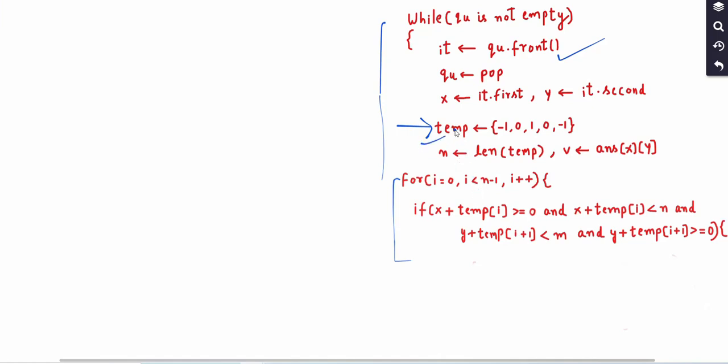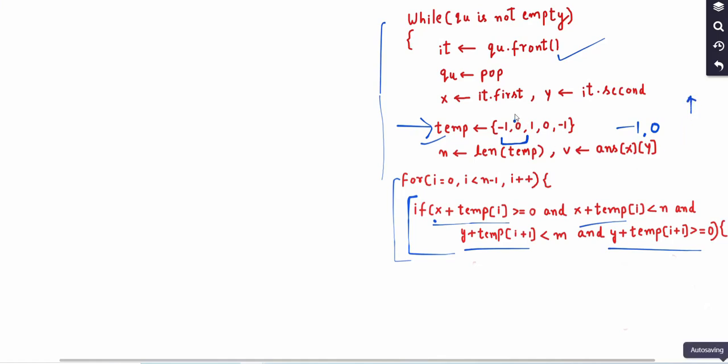I'm iterating over this direction vector so as to navigate the adjacent cells of the current cell. If the adjacent cell lies within the boundary of the given matrix, then, how I'm iterating here is that the first pair, that is -1 0, moves to the cell just above the current cell.